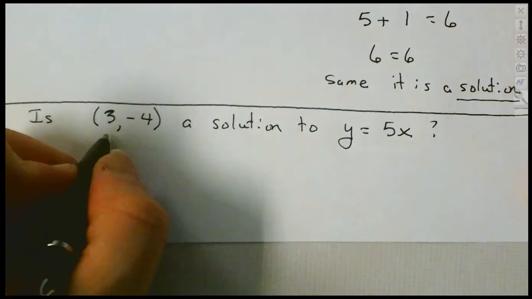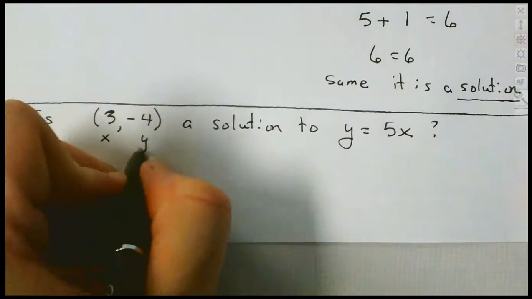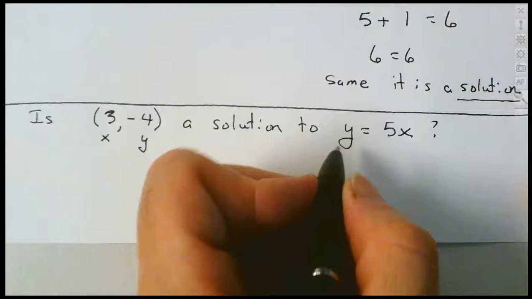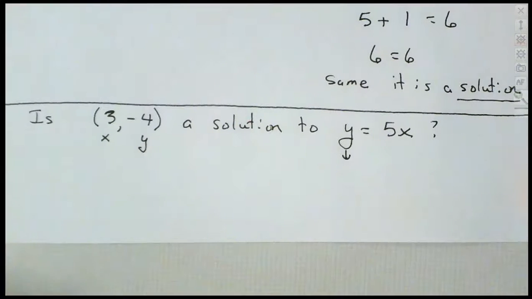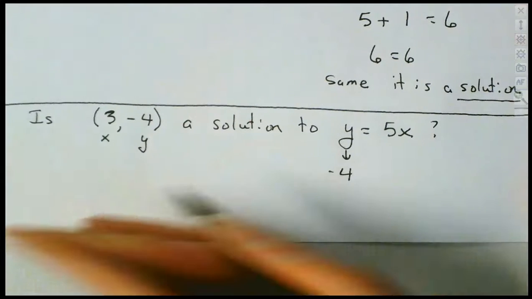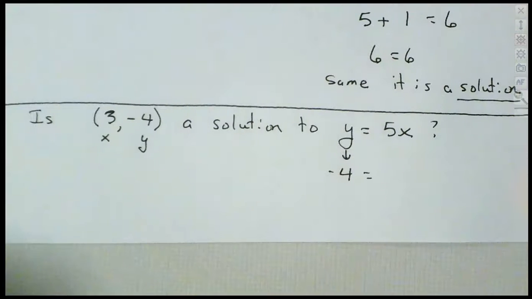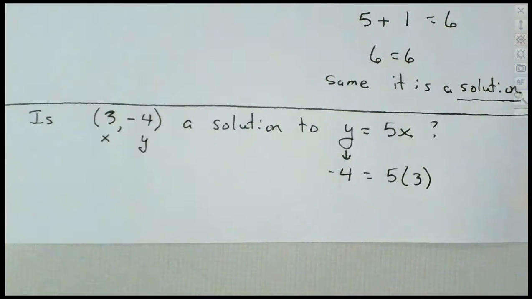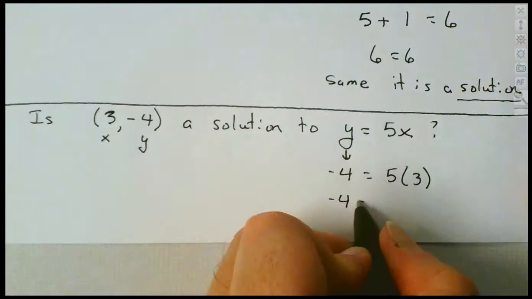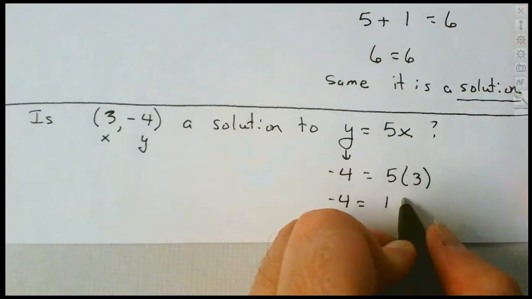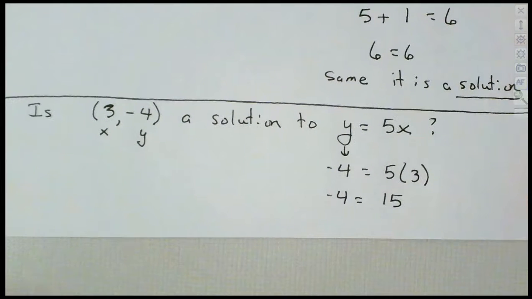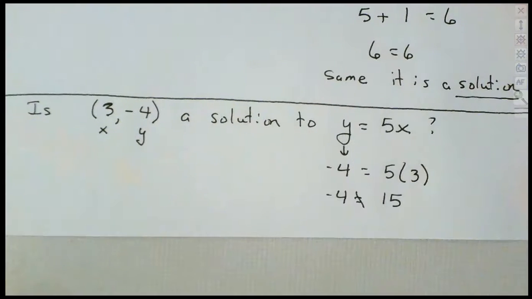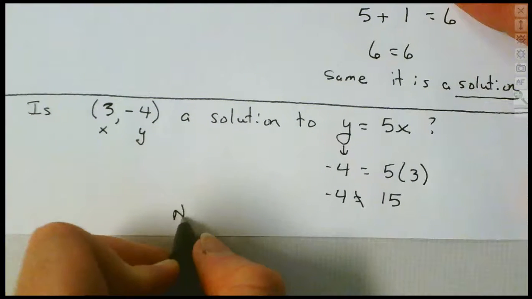So here's my x, and here's my y. We're going to plug them in. So we're going to plug in that minus 4. We're going to plug in that 3 for the x there. And when I multiply through, I get minus 4 equals now 15. Are these the same? No, they're not equal. So then this is not a solution.